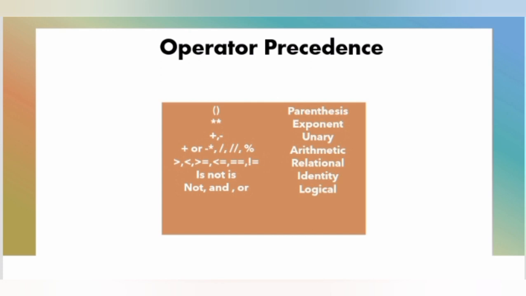The parenthesis is given higher importance, then exponent, then unary operators, then all the plus, minus, multiply, divide, modulus arithmetic operators, then relational, then identity, and then logical operators. Right, so this is the descending order of the precedence of operators.